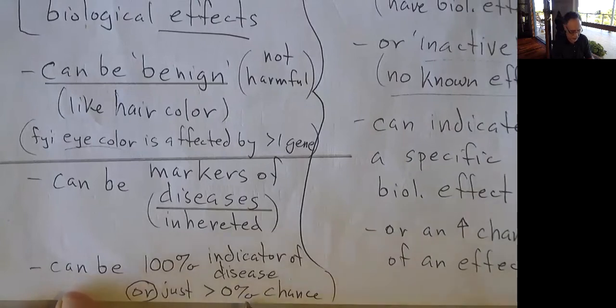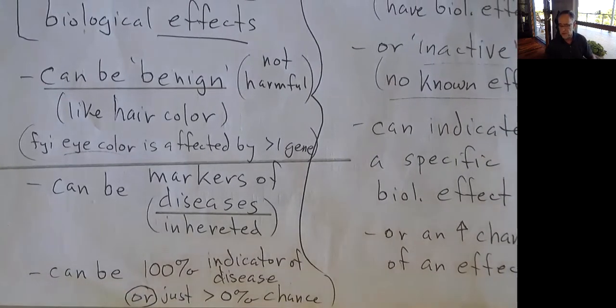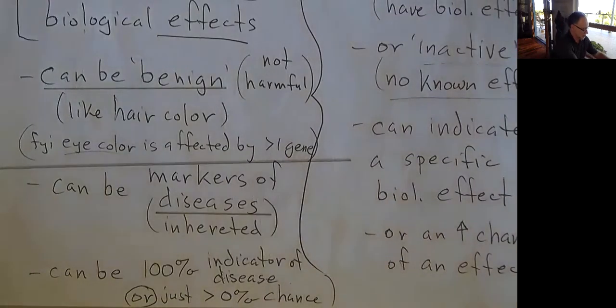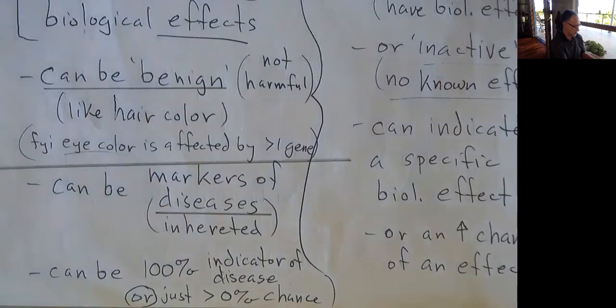But having the marker just shows an increased chance. So be very careful about this and discuss it with your healthcare provider, because things that used to be believed even 5 or 10 years ago, well, we have a different understanding. As time goes by, humans change their understanding of the world. That's the whole point of science. For most of human history, people were pretty sure that the world was flat. And now we know that it's not.